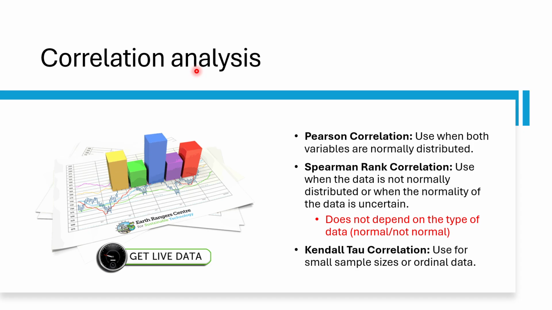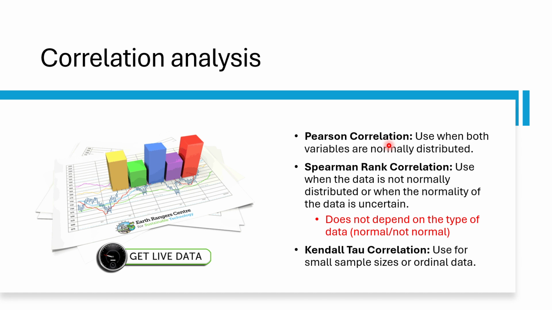Most of the time life scientists prefer correlation analysis, and the research article I am talking about contains correlation analysis as well. There are several types of correlation, such as the Pearson correlation, the Spearman rank correlation and the Kendall Tau correlation.